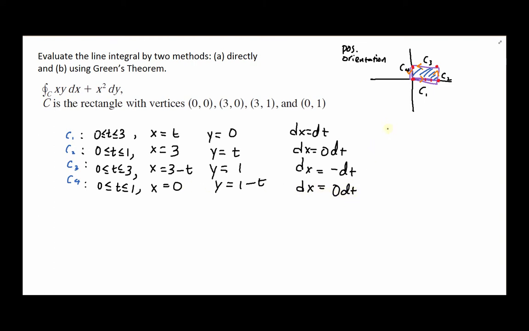Okay, and for our dy's for each curve, we have 0 dt, dt, 0 dt, and negative dt. In case you don't know what I'm talking about, you need to review calculus 1 on how to take derivatives. Alright, assuming you all know that, moving to the next part.